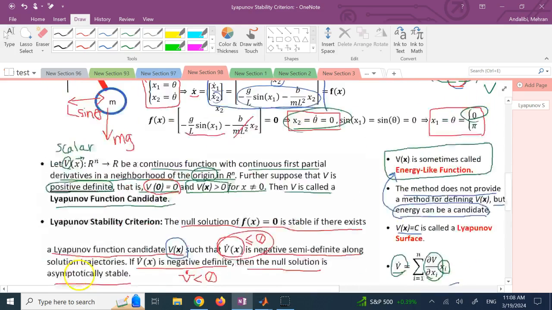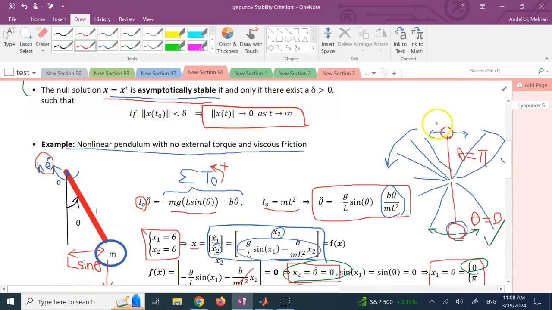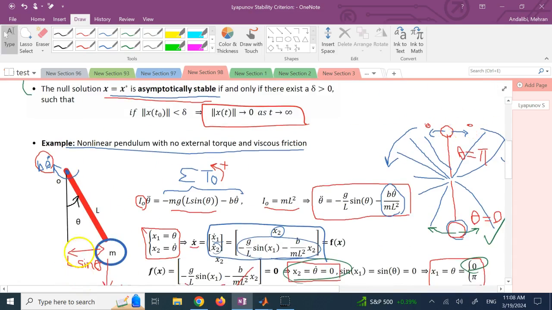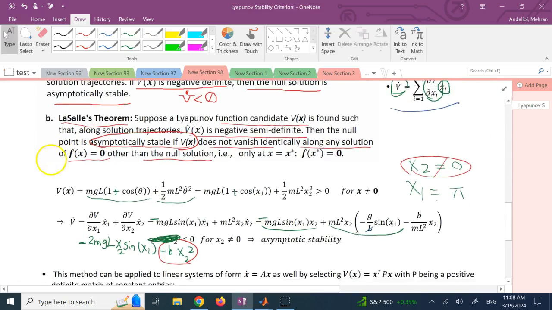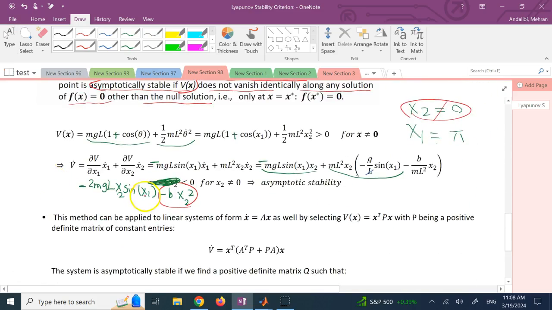So we want to look at what happens outside this point, at these areas here. Can I guarantee this term to be also negative added to that? Well, that depends on x2 and it depends on sine of x1.